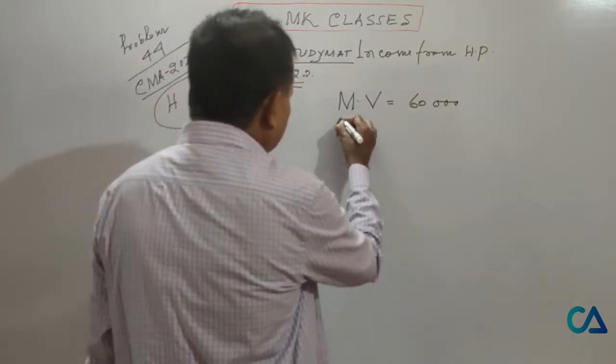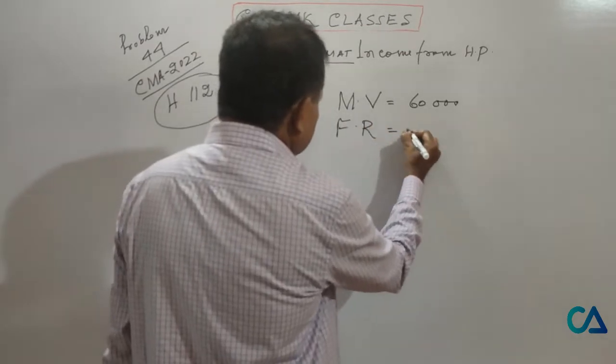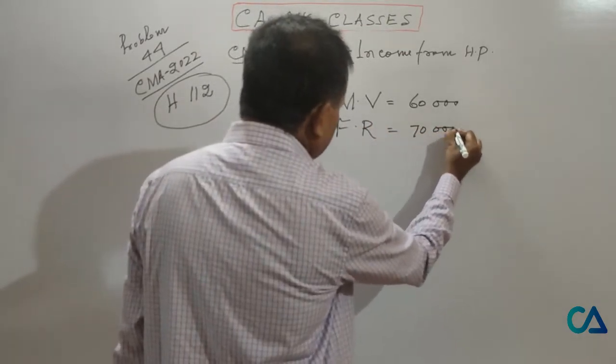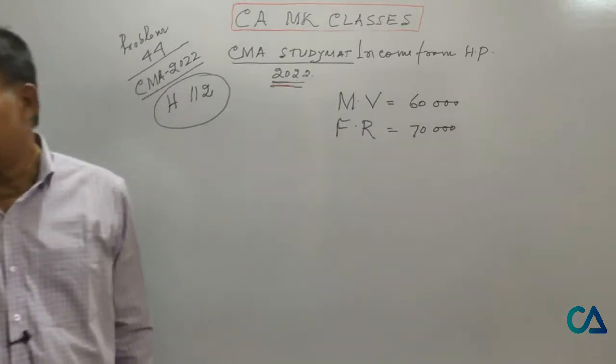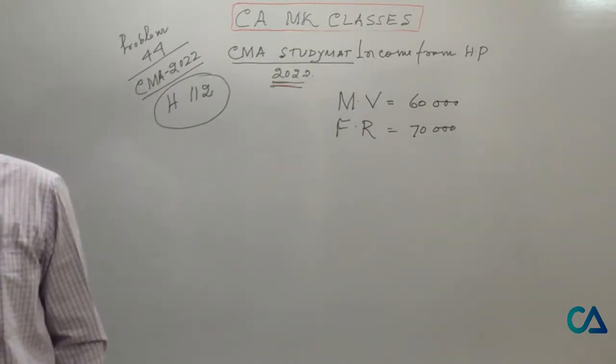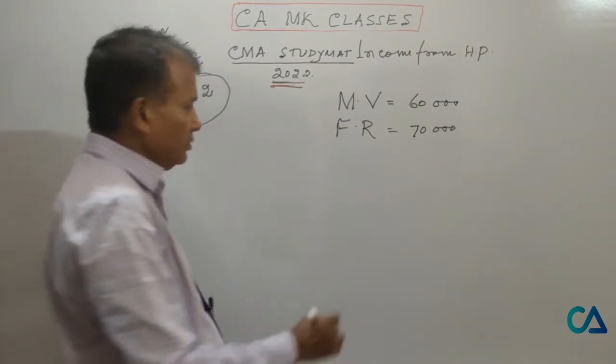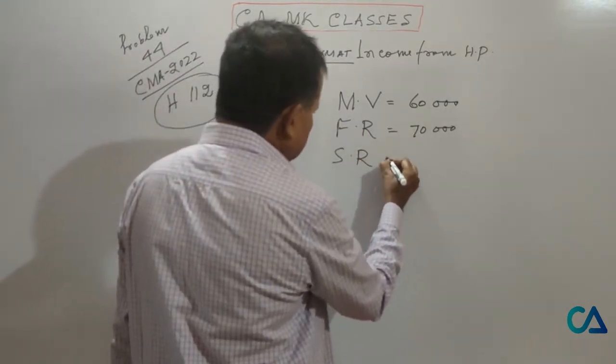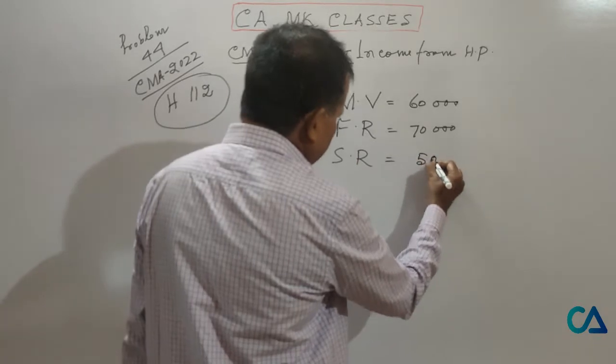And standard rent as per the Rent Control Act is 50,000.